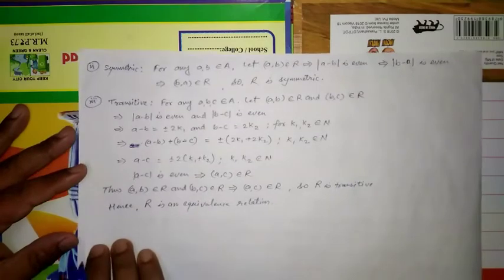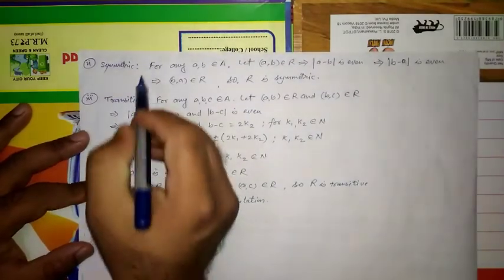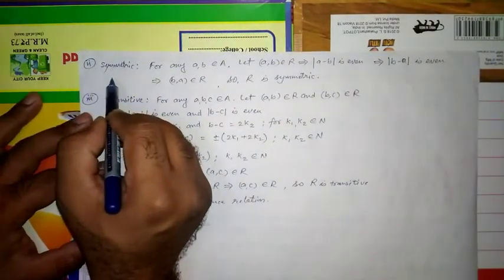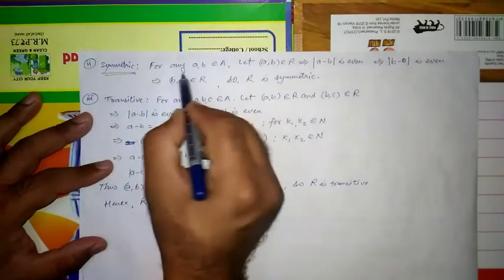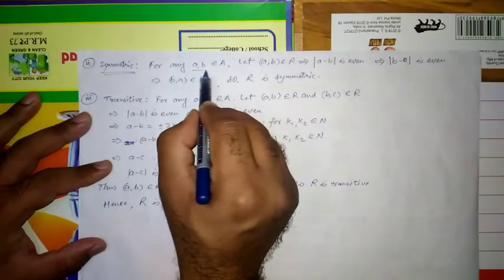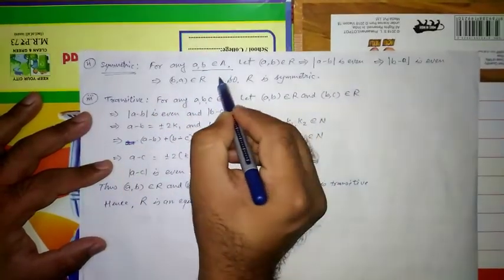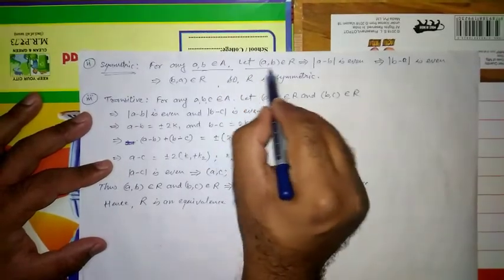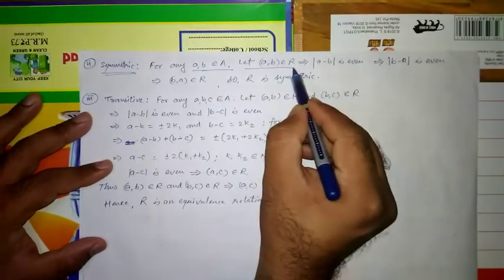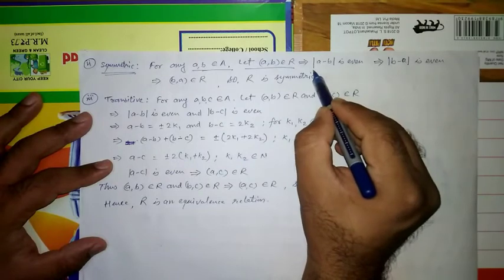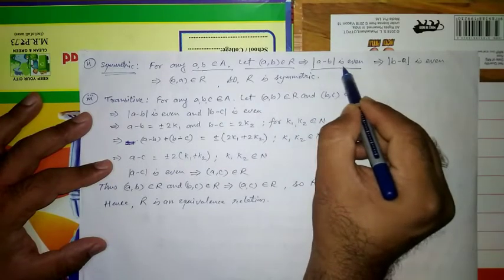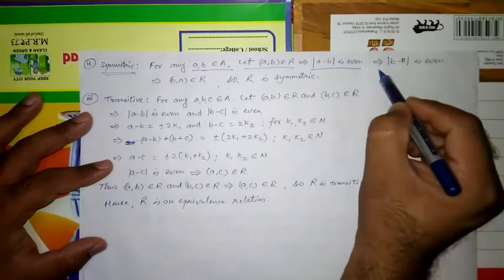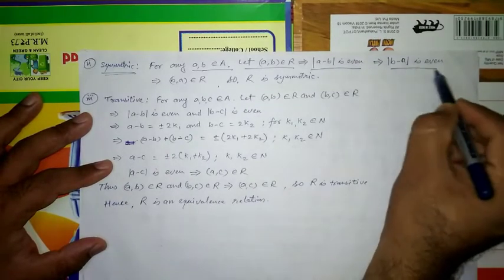Now symmetric. For any AB that belongs to A, let AB belong to R, and we can say that A minus B is even. Therefore we can say B minus A is even.